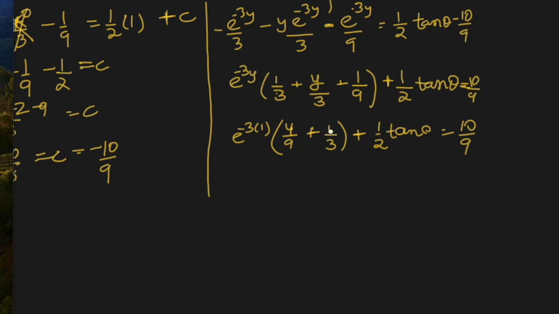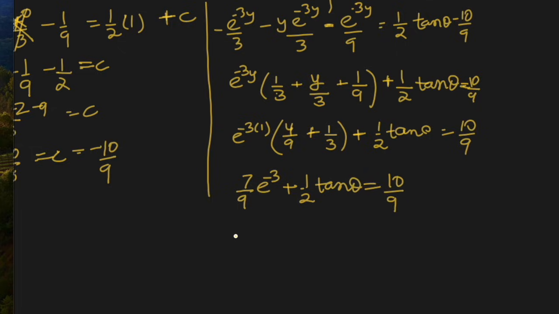So 4 over 9 plus 3 over 9, yes, 7 over 9. 7 over 9 e to the power minus 3 plus half tan theta equal to 10 over 9.